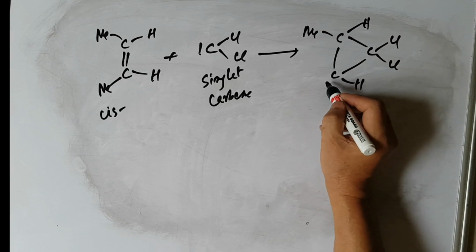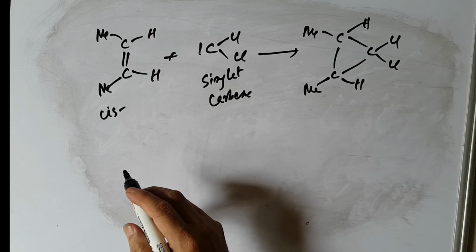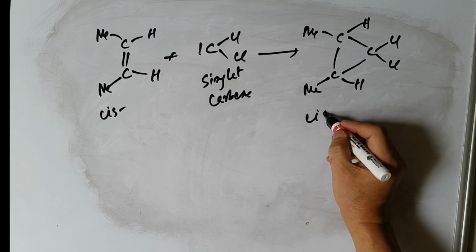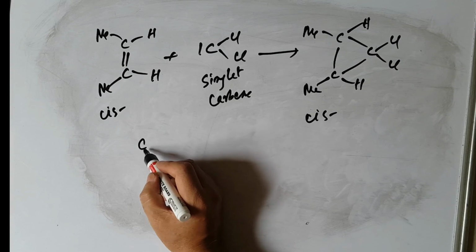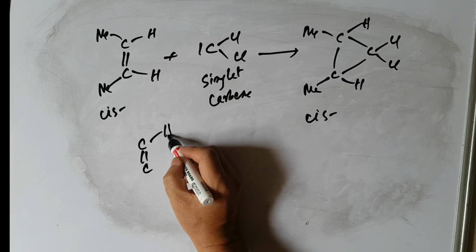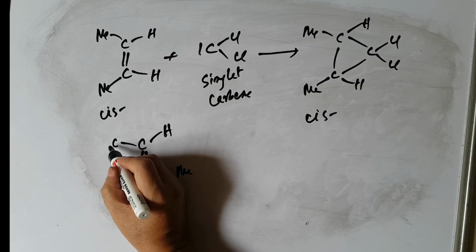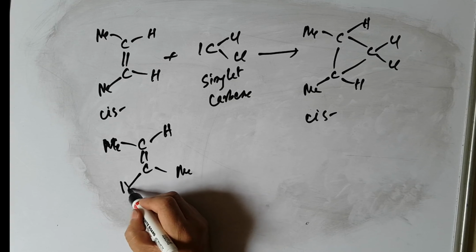What I want to say is that cis addition of singlet carbene will give cis cyclopropane product. Cis will give cis, and trans will give this, with the methyl group here. This is trans.